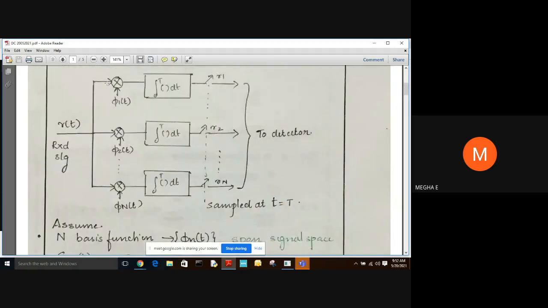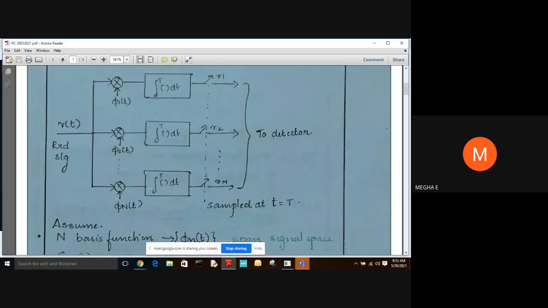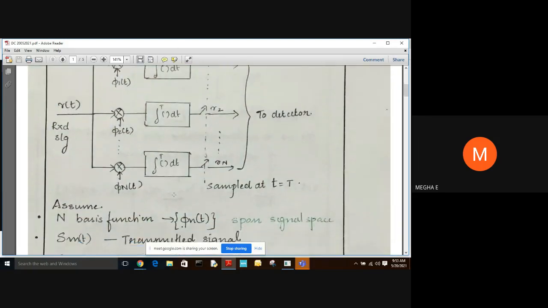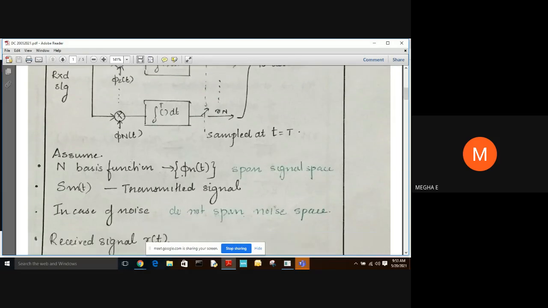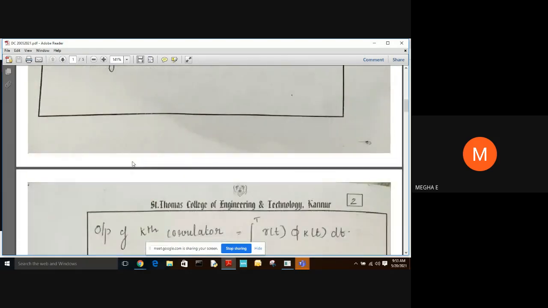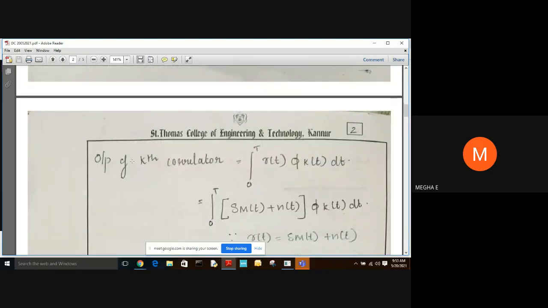Here we have phi 1, phi 2, phi 3 followed by an integrator up to phi n of t. So here we are considering the kth correlator, that is the kth product modulator followed by an integrator, and its output. The kth output of the kth correlator is nothing but the integral over the interval 0 to T of R of t into phi k of t dt.